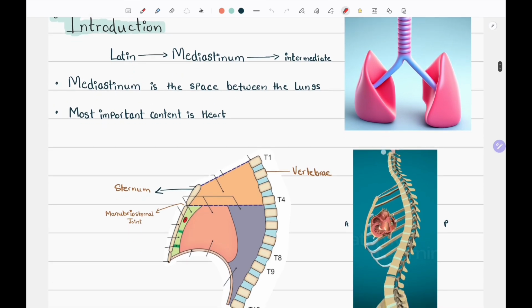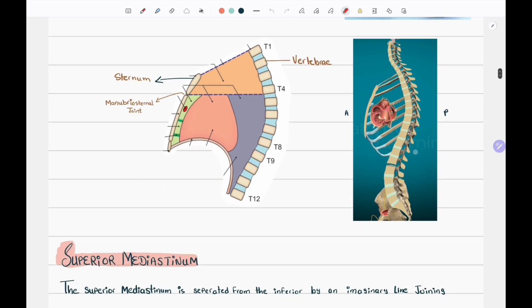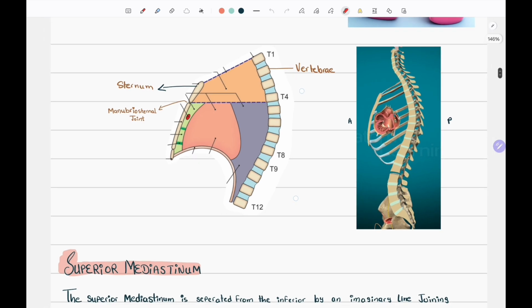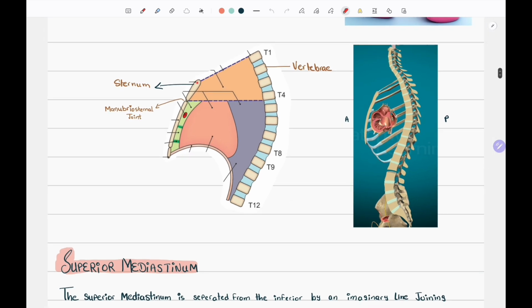Before jumping to the classification of the mediastinum, I want you to recognize these two diagrams. This one is the schematic diagram and this one is taken from my 3D anatomy app. This is the sagittal section of the mid thorax, and here you are able to view the sternum and the vertebrae.